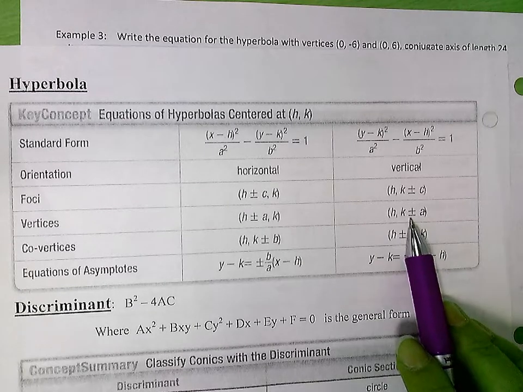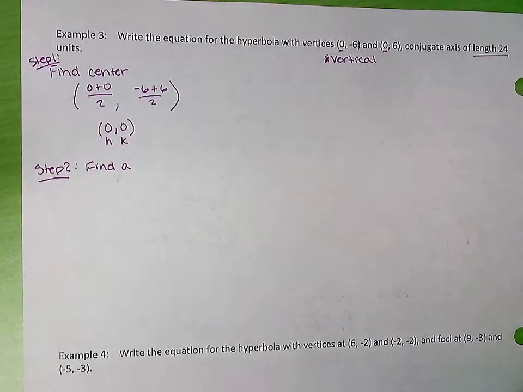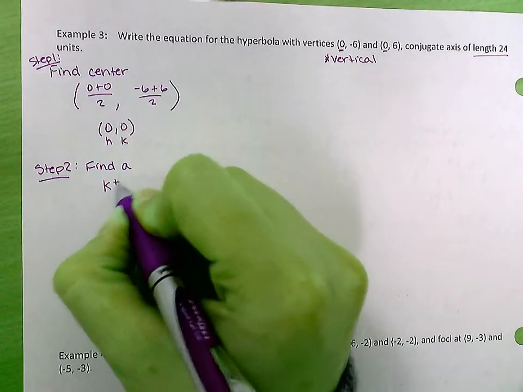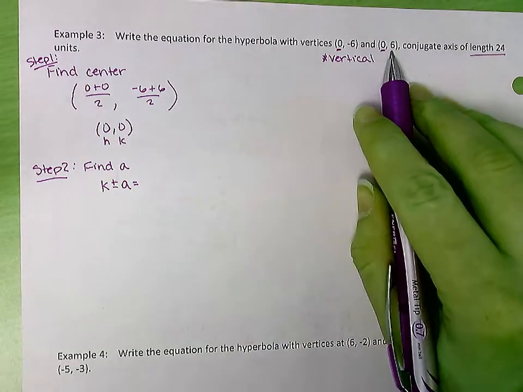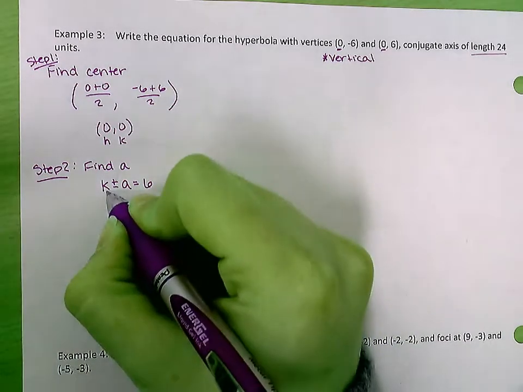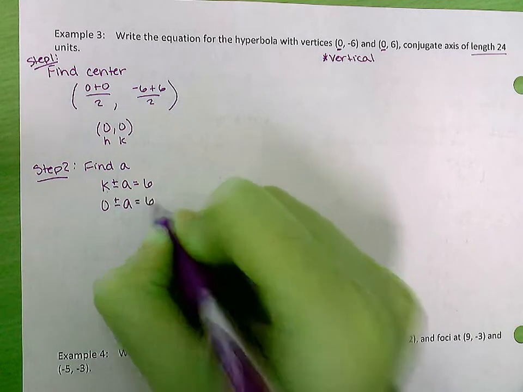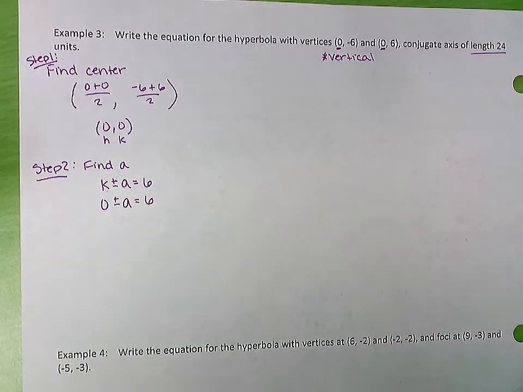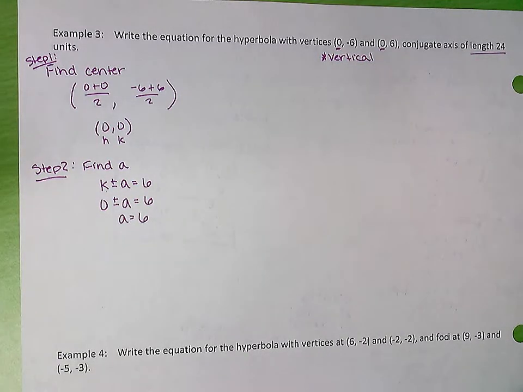So we're going to take K plus or minus A will be equal to the Y value in our vertice. And the Y value in our vertice, I'm just going to use the positive one here at 6. I can plug in 0 for K since I know that's what K is equal to. So A will end up being equal to 6.